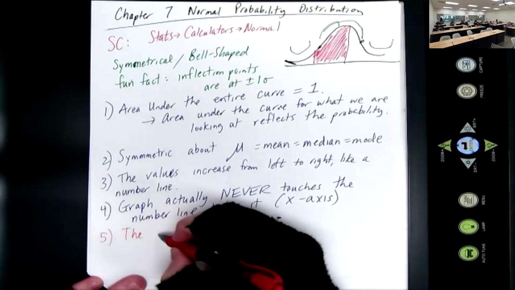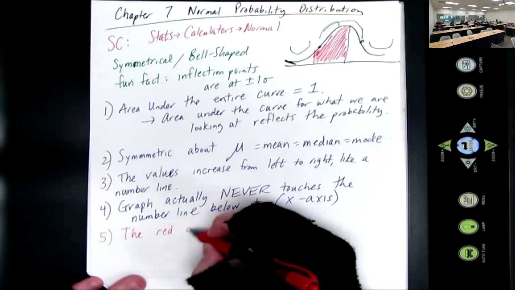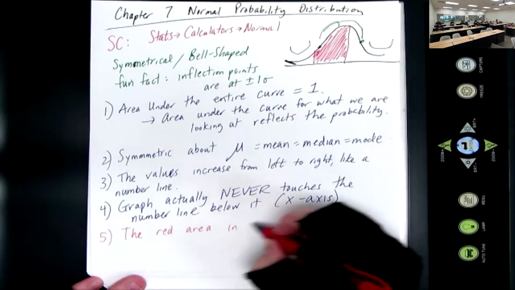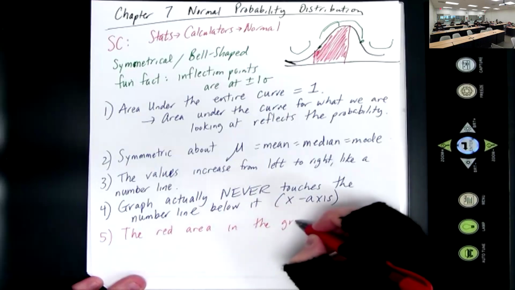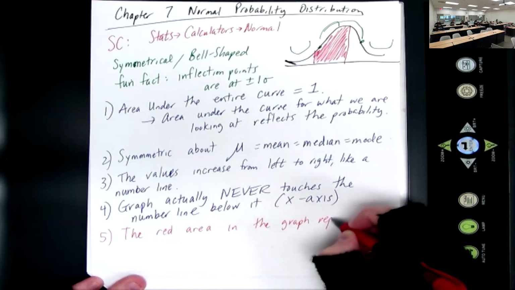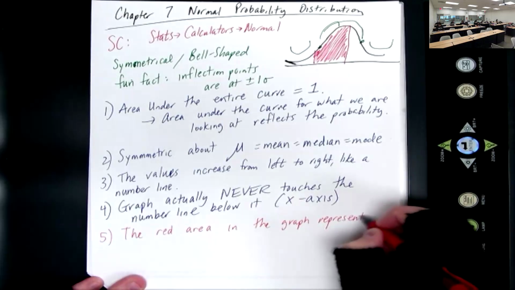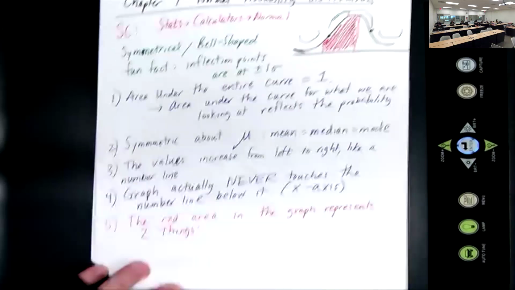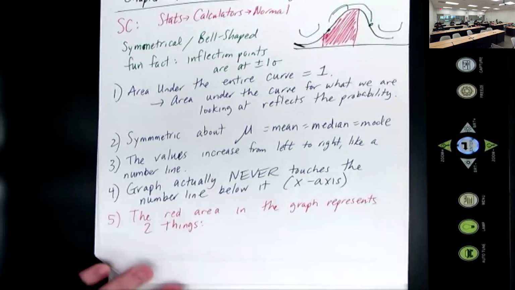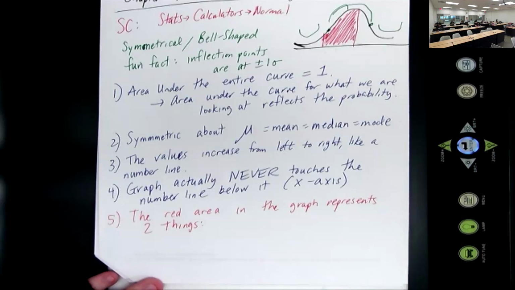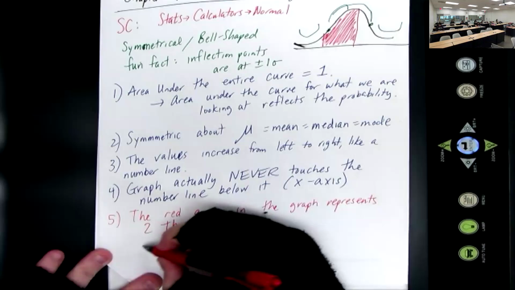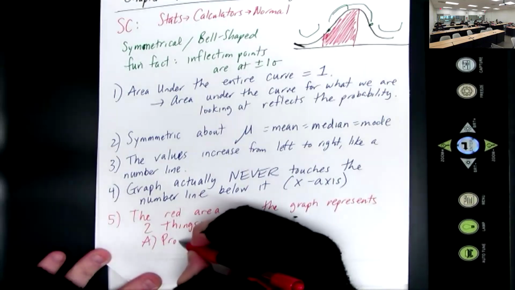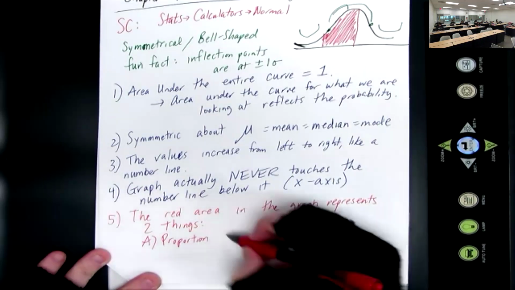The red area in the graph represents two things. A is the proportion of the population with the trait.